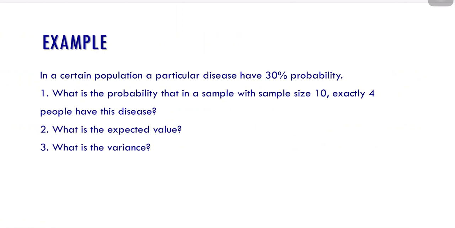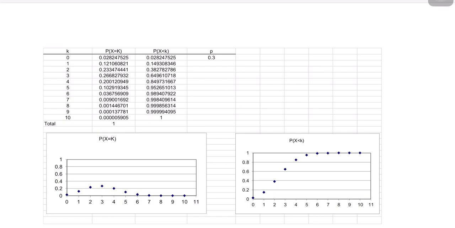For example, in a certain population a particular disease has a 30% probability. What is the probability that in a sample of size 10, exactly 4 people have the disease? What is the expected value and what is the variance? It's very easy, and we can find it with calculation, and also with RStudio or SPSS.